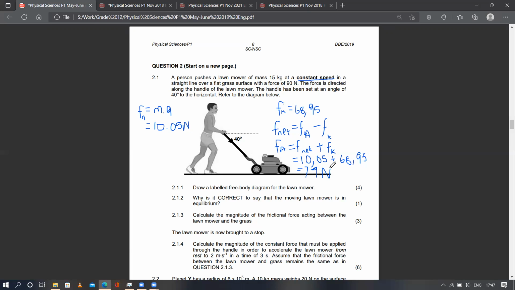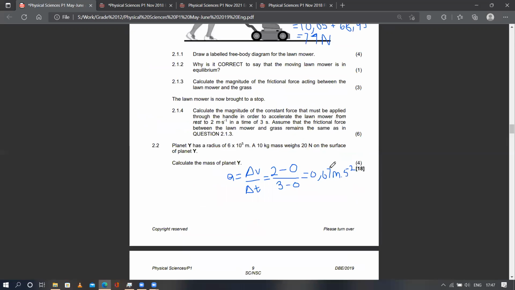So that's going to be the amount of force that you have to apply on the lawnmower for it to accelerate from 0 to 2 meters per second in 3 seconds.